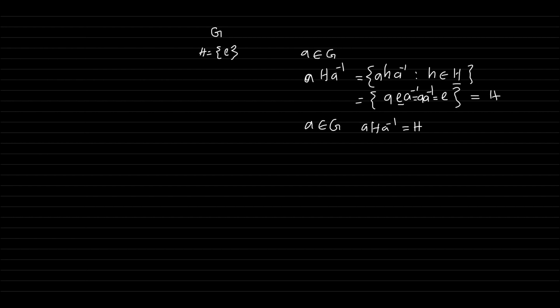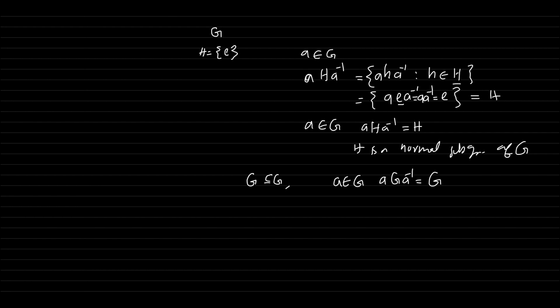Therefore, by theorem 9.1, we can say that H is a normal subgroup of G. So for any group G, its trivial subgroup is a normal subgroup. Now consider the improper subgroup, the whole group itself, which is also always a subgroup of G for any group G. For any a in G, aGa inverse is equal to G itself.